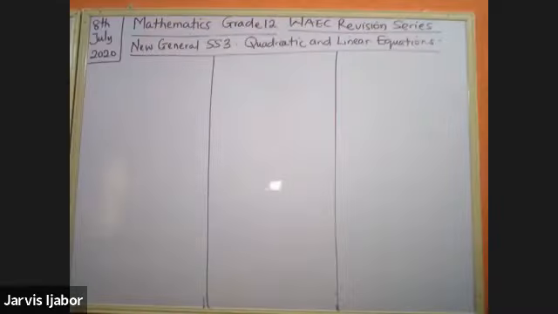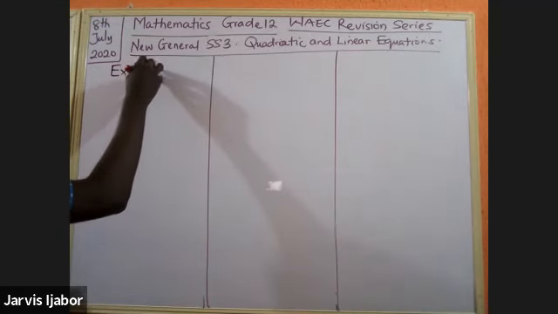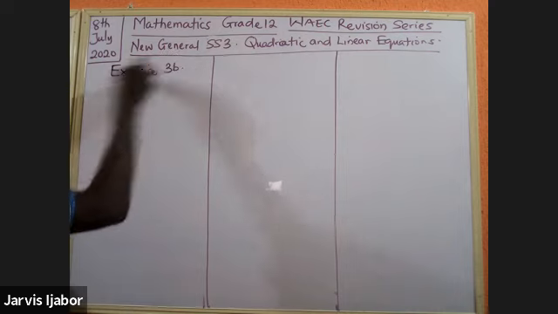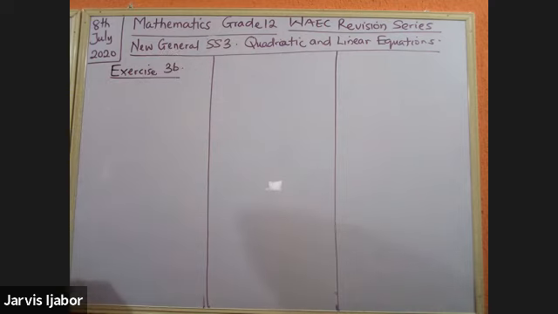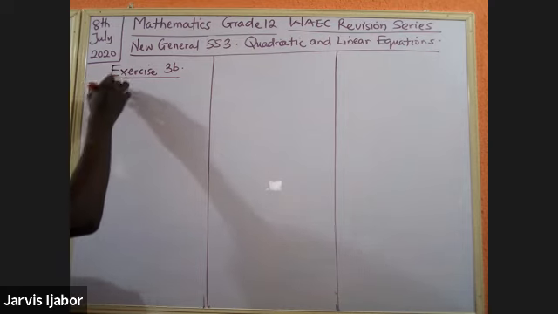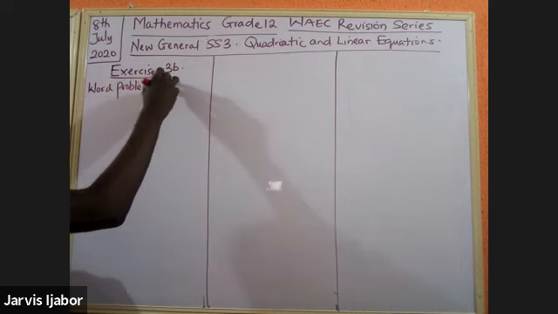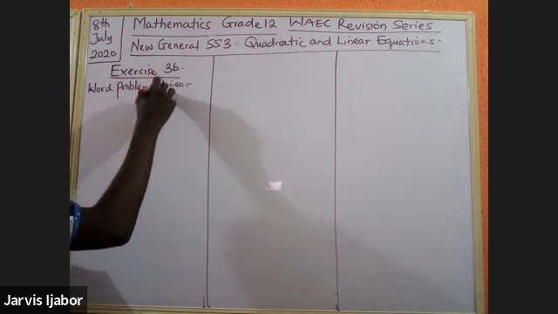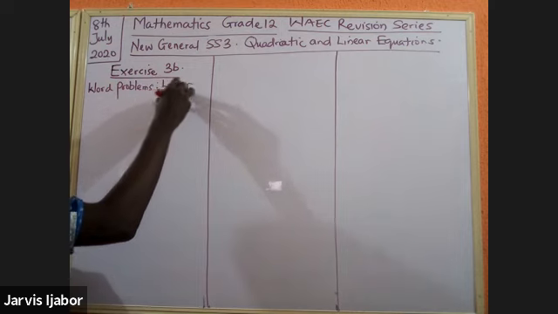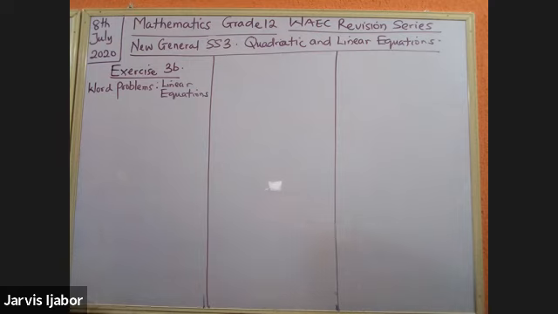All right, so we'll start by looking at exercise 3B. We're essentially looking at word problems, linear equations.